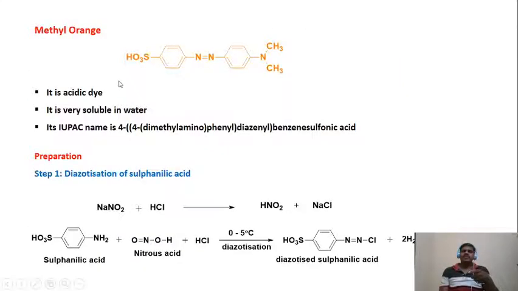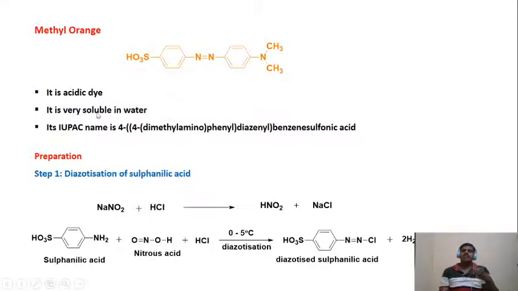So this is the structure of methyl orange. It shows this N double bond N chromophoric group, that is the azo group, and SO3H is the acidic oxochrome group. So this is an acidic dye. Look here, this is an acidic dye because of this SO3H acidic group, and as this is an acidic group, it is very much soluble in water, right?